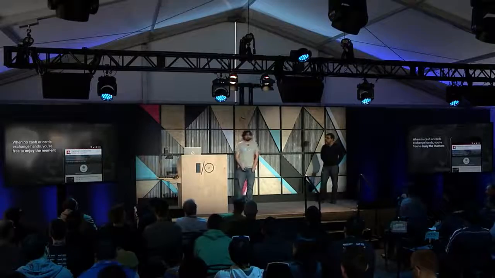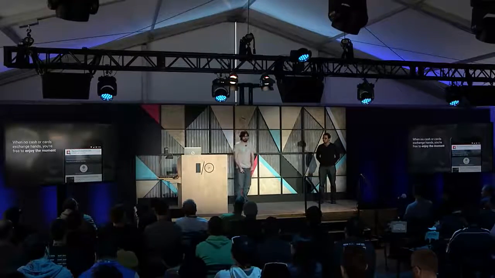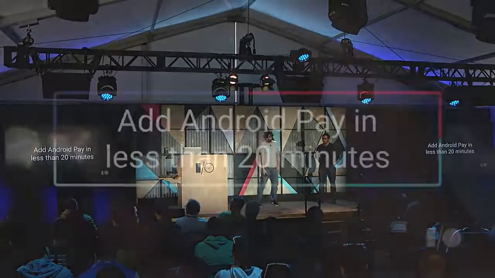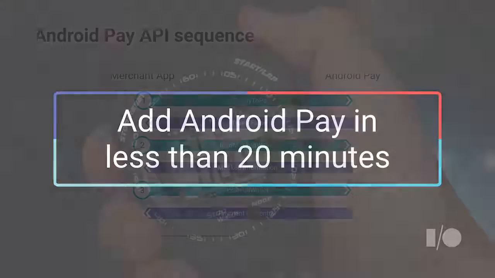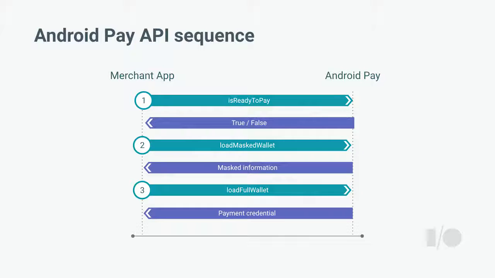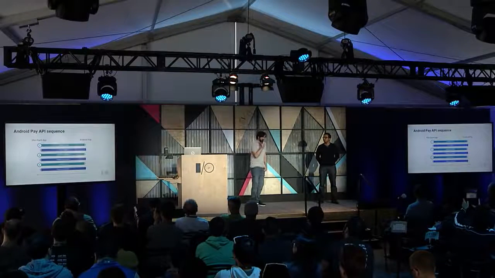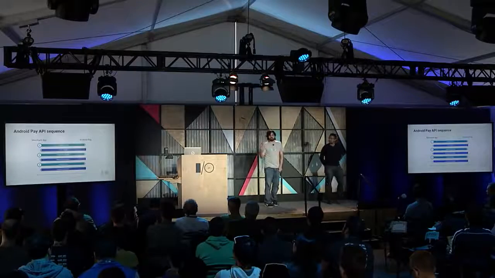Thank you, Mike. So now let's see how you can add Android Pay to your app in less than 20 minutes. First, let's go through an overview of the Android Pay APIs that you need to call in order to add Android Pay to your app. Usually when the user goes through a checkout experience using Android Pay, they will go through 3 major steps.